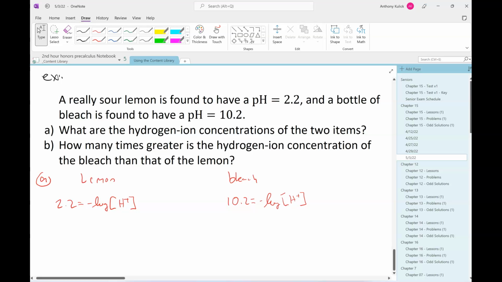Take out the negative and then do the base 10. Very good. So the first thing I want to do is divide by -1. And then we can do exponent base 10 to both sides.